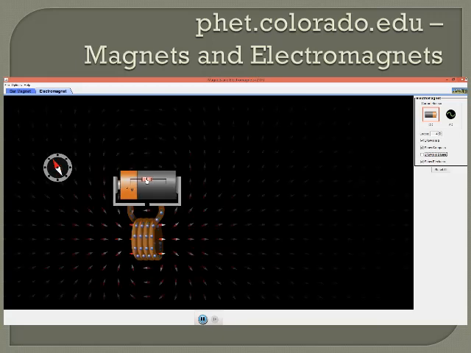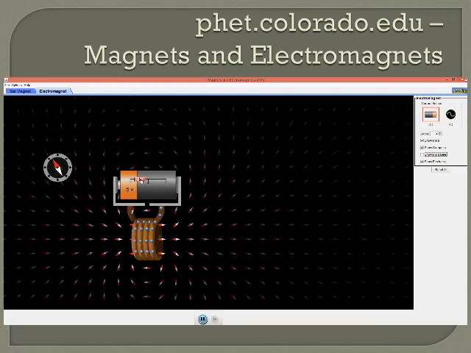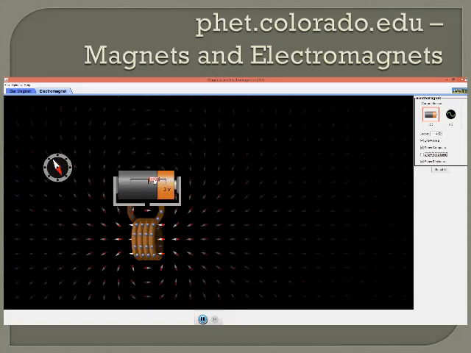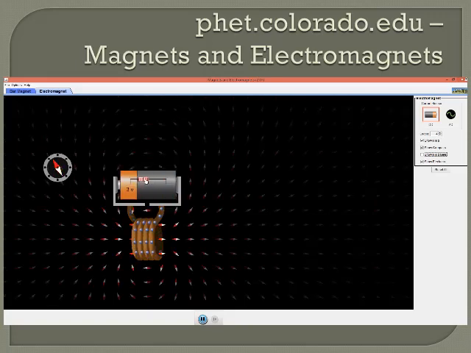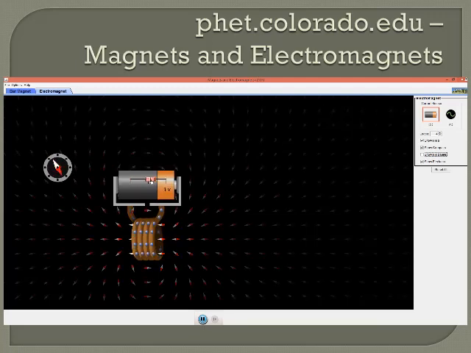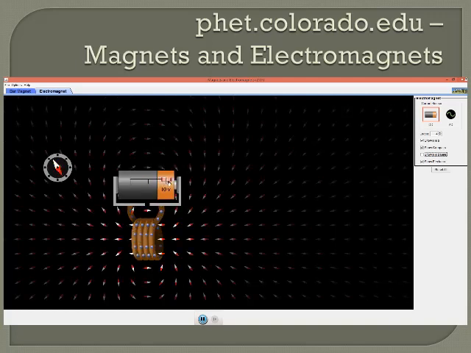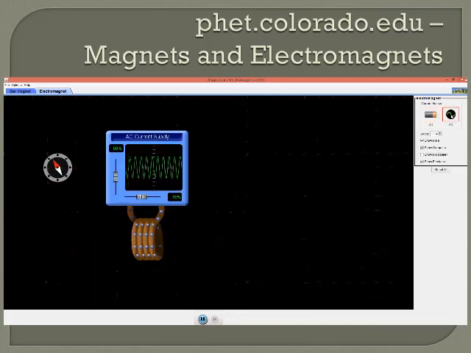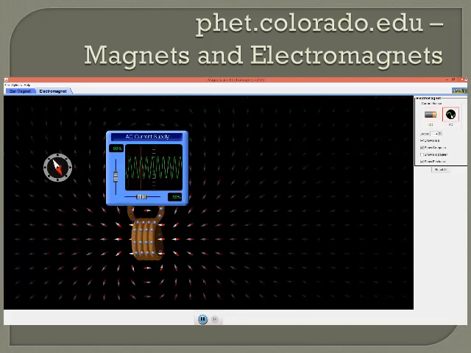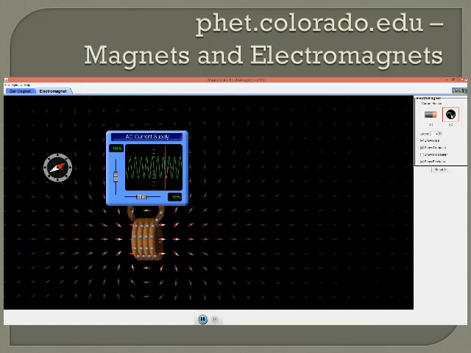And you can flip it around and have the electrons travel the other direction. What you see with my compass is that the needle flips when you go from one polarity to the other, which is very interesting. What I've been using so far is just a battery, but we can also change the source and make it an alternating current, which by virtue of the name changes direction on its own.